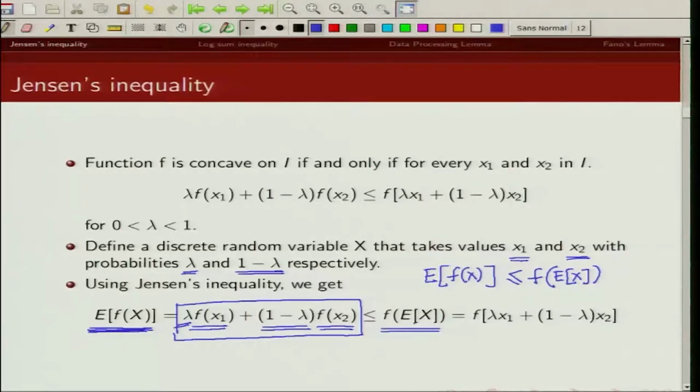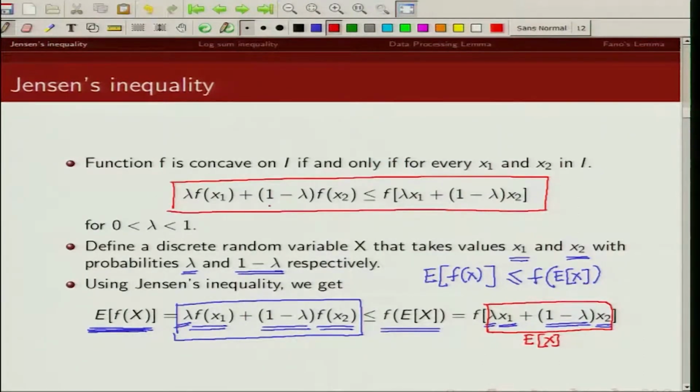Now what is the expected value of x? So x1 happens with probability lambda and x2 happens with probability 1 minus lambda. So the expected value of x is given by this expression. This is your expected value of x. So then applying Jensen's inequality, we get this result.